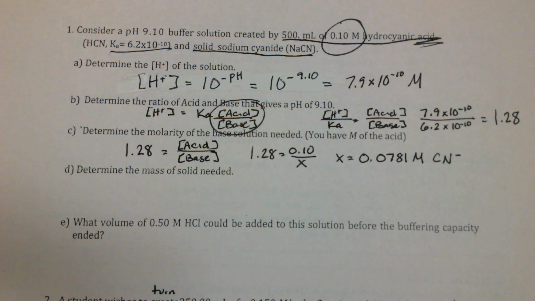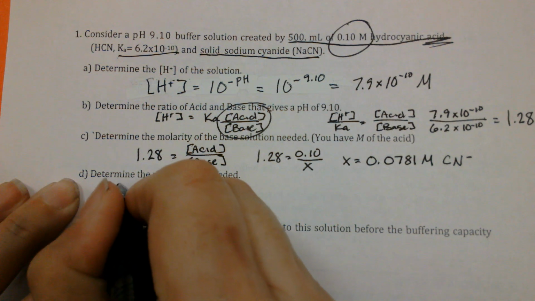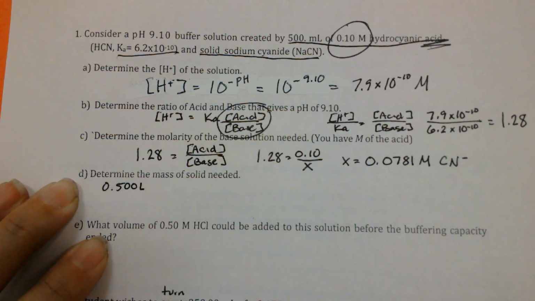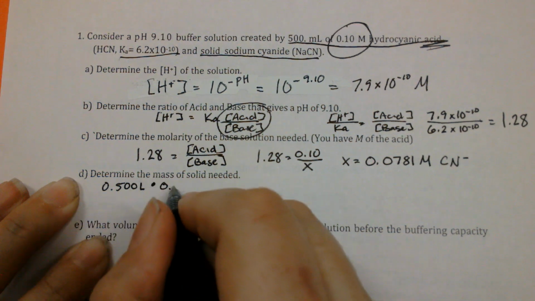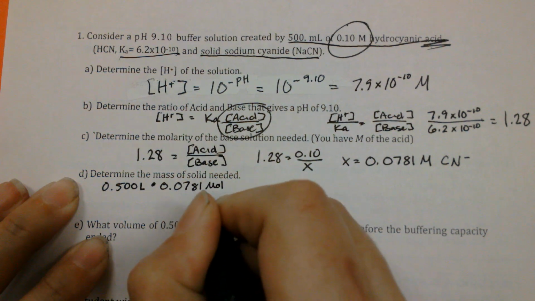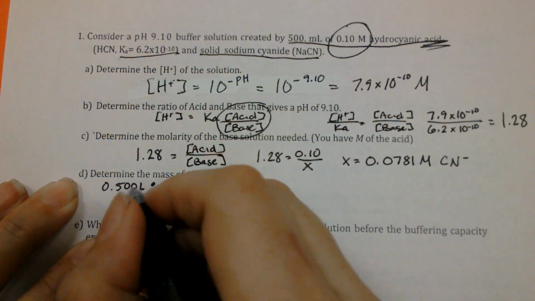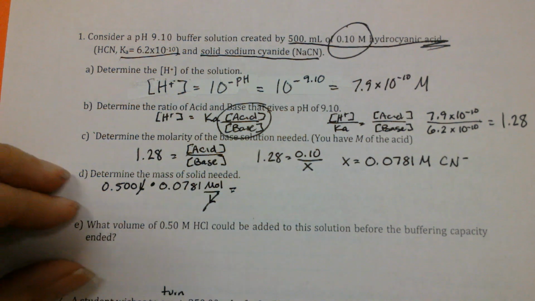I notice here I want to make 500 milliliters of solution, or 0.5 liters if I want to be working in moles. So if I take that 0.5 liters and multiply it by the molarity I now know I need, 0.0781, remembering that big M is moles over liters, you can see now I have some moles.